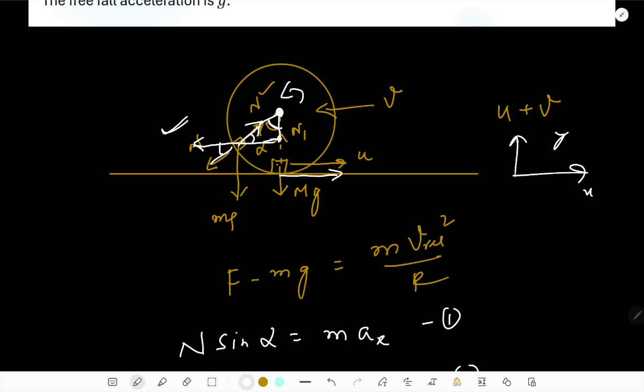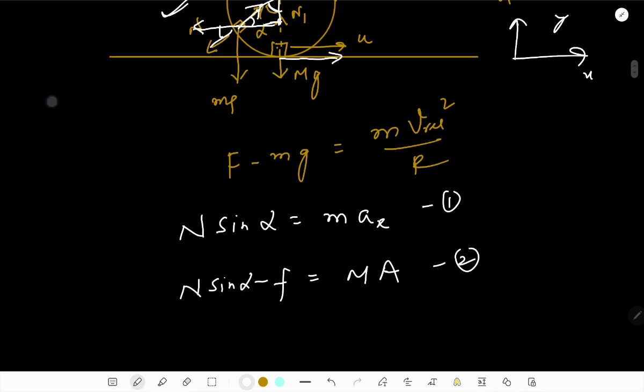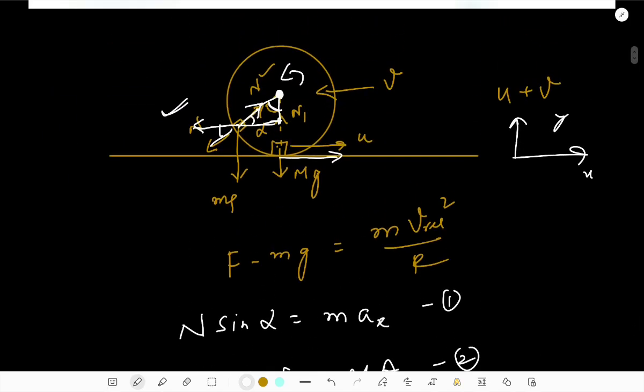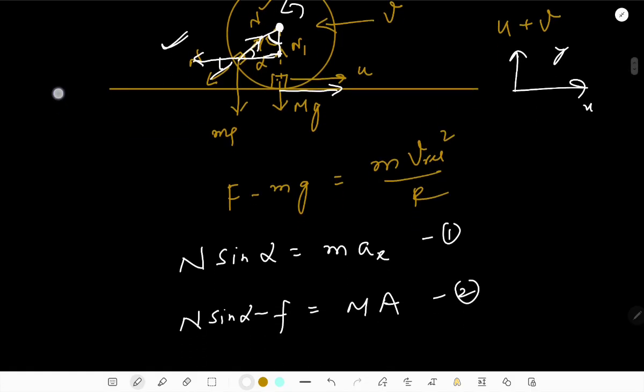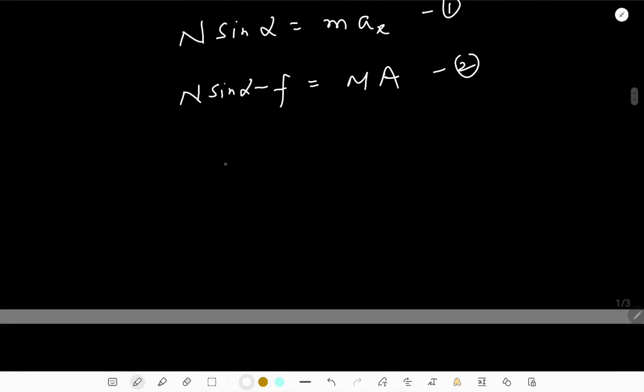So I can write the equation here, since only the friction force is producing torque about this axis, as fr, the moment of the friction force about the given axis, equal to its moment of inertia multiplied by its angular acceleration. And this is the equation number 3.